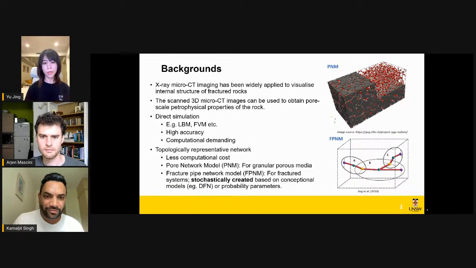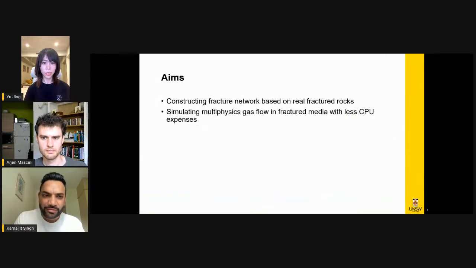One common way to get these properties is to run direct simulation on the microCT images, such as the lattice Boltzmann method or the finite volume method. These methods are very accurate but require significant computational cost. So there is another way to get these properties, which is to find a topologically representative network to reduce the computational cost.